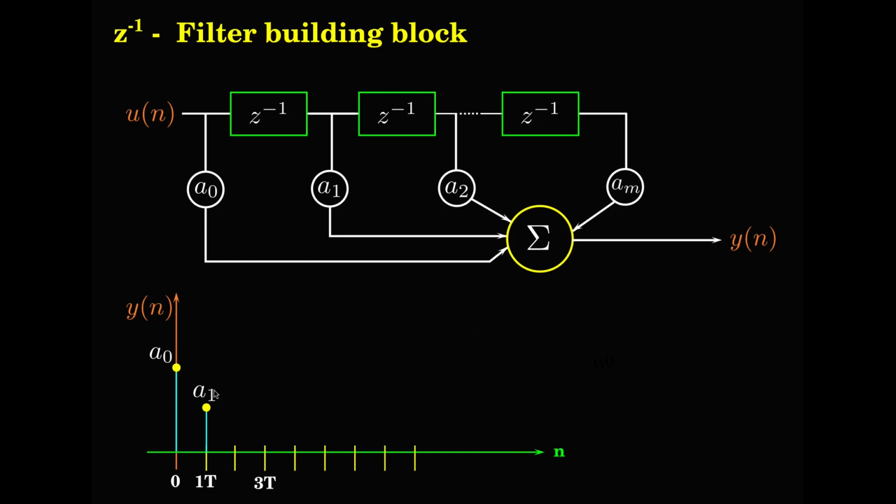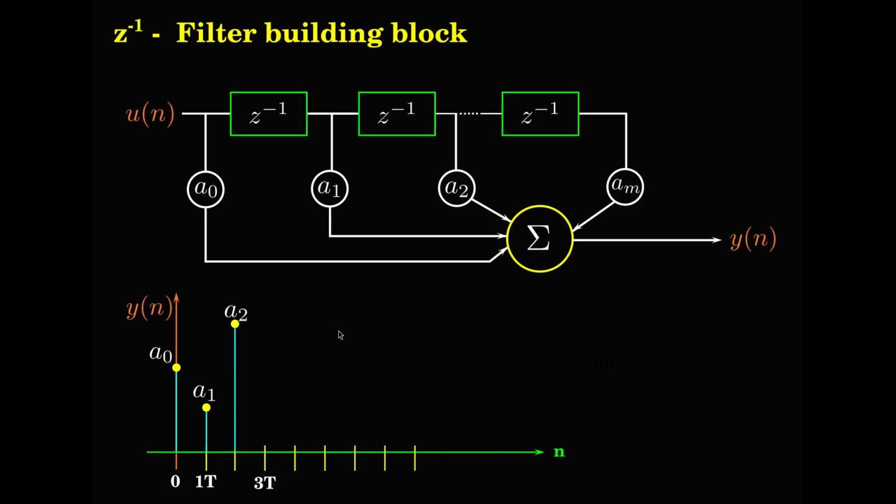Then after two sample times, you will see that the impulse would have shifted here. The value at k minus 2 is 1 here, passes through A2, and is available as output, and that value is A2. I'm just putting some arbitrary values of scaling constants here.